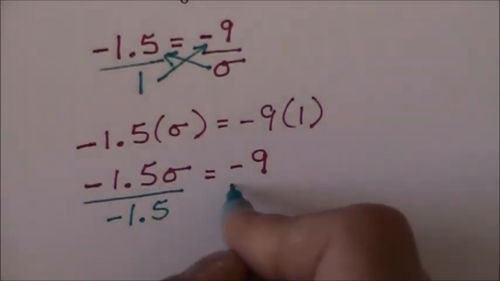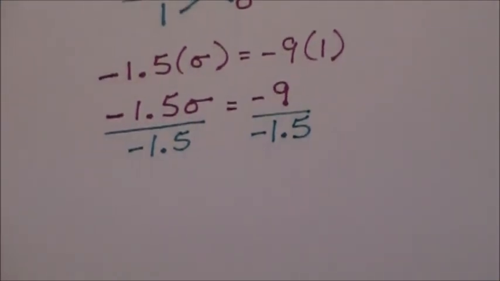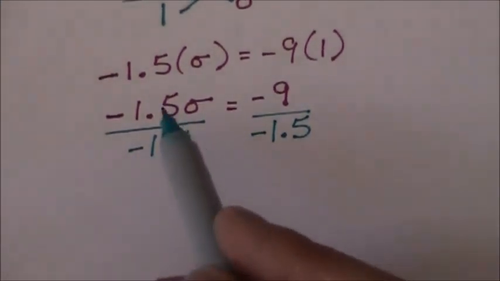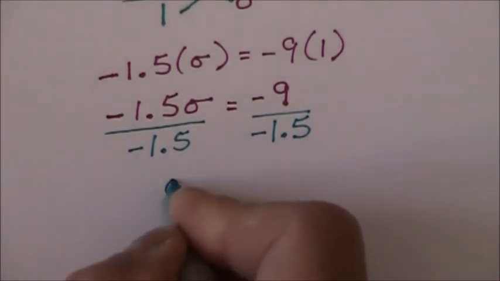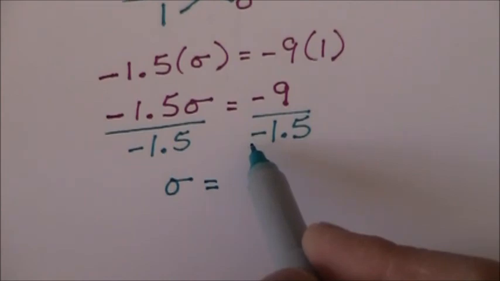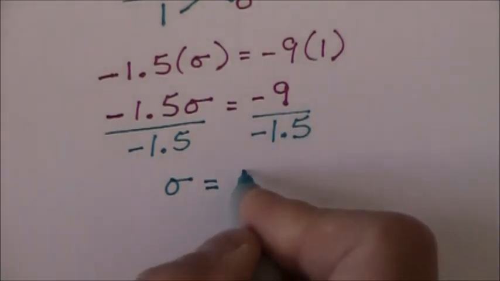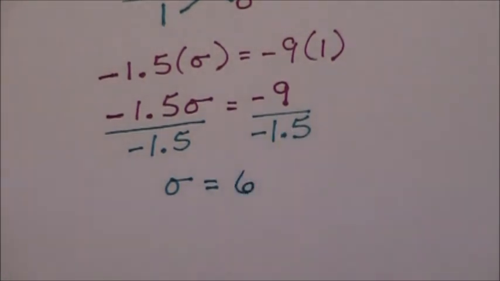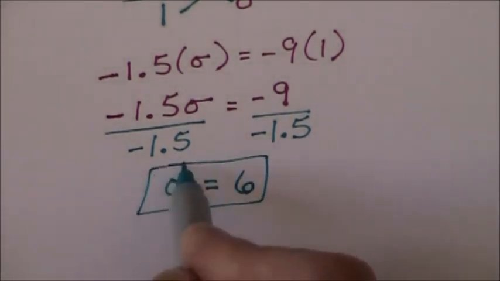What we do to one side, we need to do to the other. Negative 1.5 divided by negative 1.5 is 1. So we're left with 1 standard deviation. Negative divided by negative is a positive. 9 divided by 1.5 is equal to 6. And there's a value for our standard deviation.